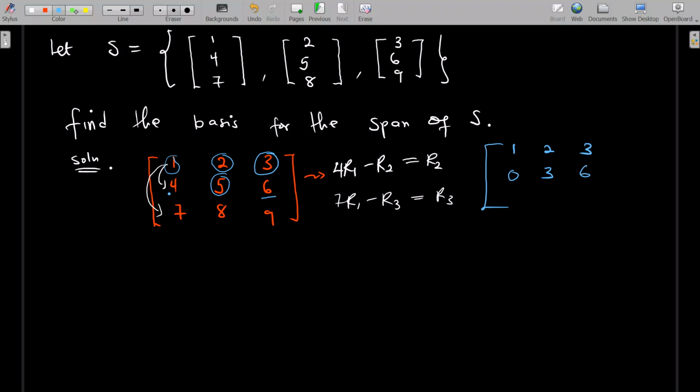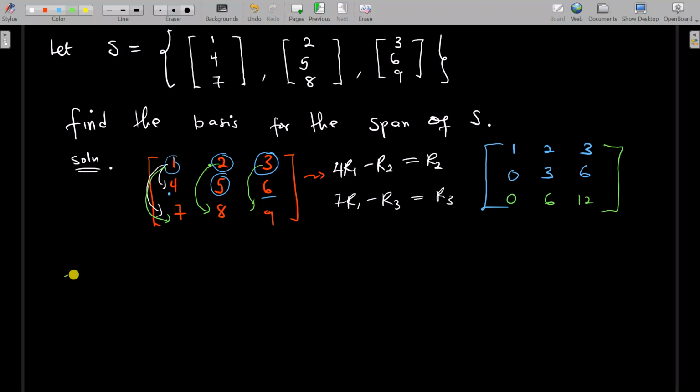Then I come to row 3. 7 times row 1 is 7 minus 7 is 0. And then 7 times 2 is 14 minus 8, which should be 6, sorry. And then 7 times 3 is 21 minus 9, which is 12, right? And that is for the first column.